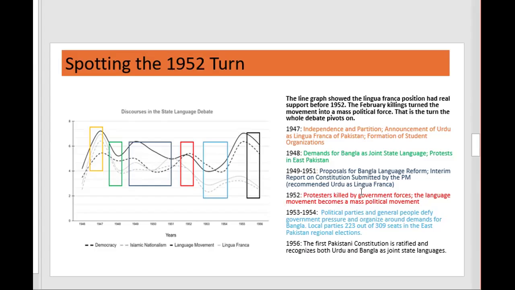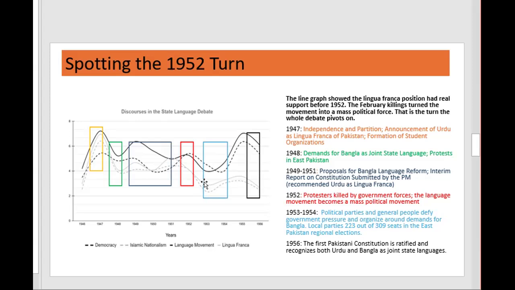And then the protesters, which is the big event where people protest for state language, security forces shoot at a crowd, kill a bunch of people, and set up a mass movement across East Pakistan at all levels of society. Within that moment, you can see that Islamic nationalism and democracy as a field are pretty even. But after that, this drops off precipitously.